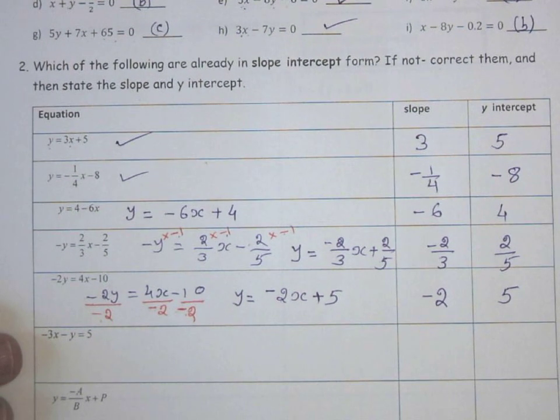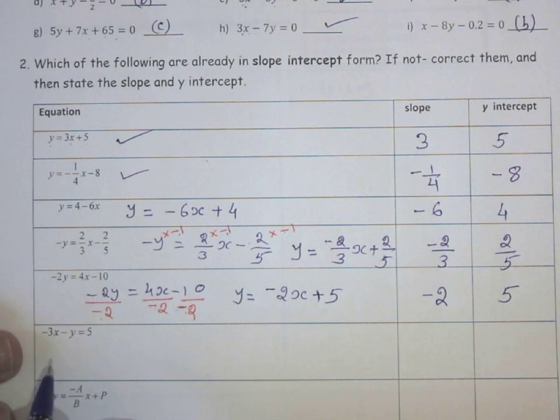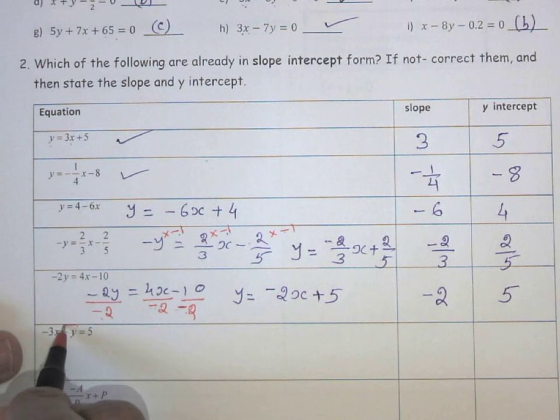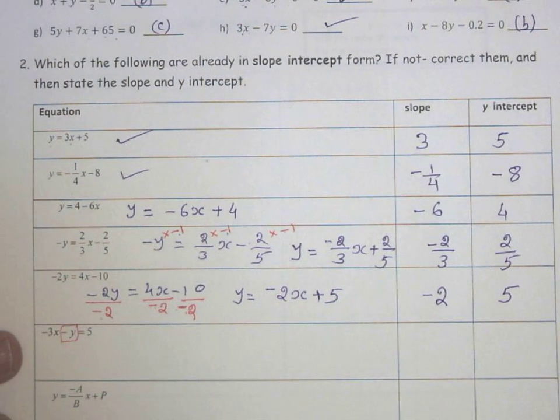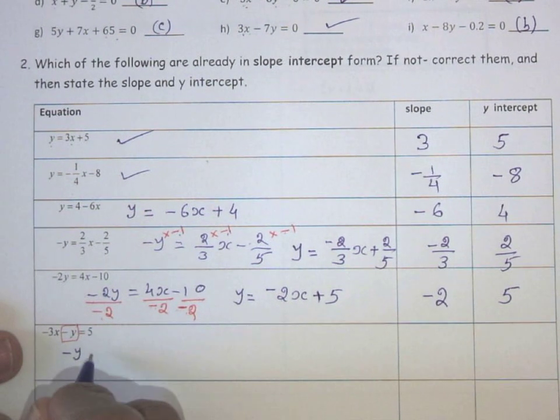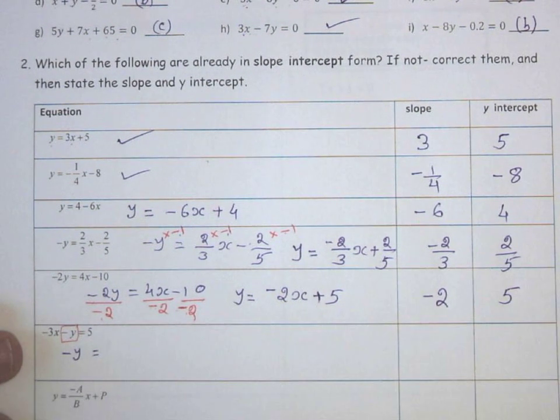Okay, let's do the next equation. Here we have negative 3x minus y equal to 5. So you need to isolate y, let this y be all alone. So what you have to do is keep that y all alone on the left side and take all of the terms to the right side.